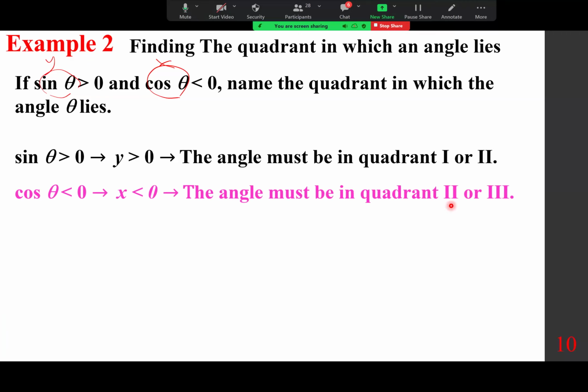What's in common here? These two. So it has to be in quadrant 2. Very straightforward, everybody. I hope everybody's okay with this.